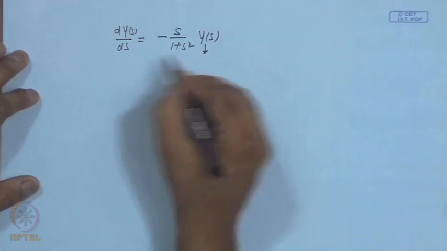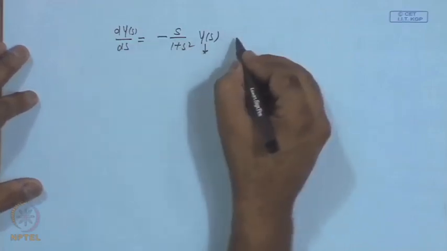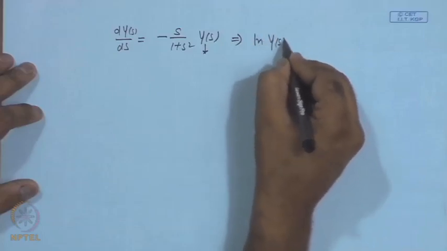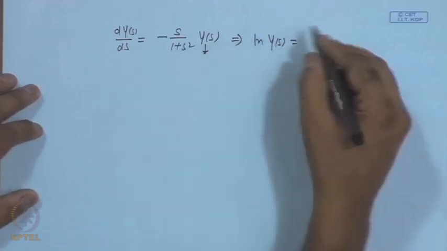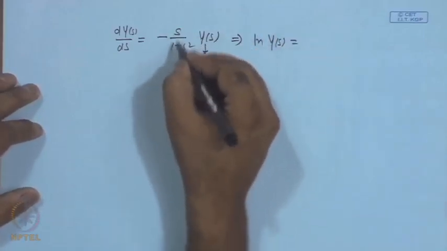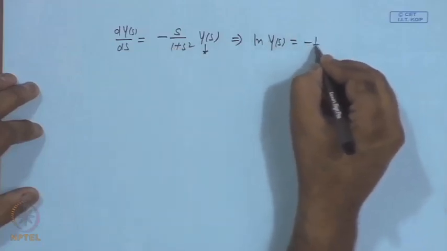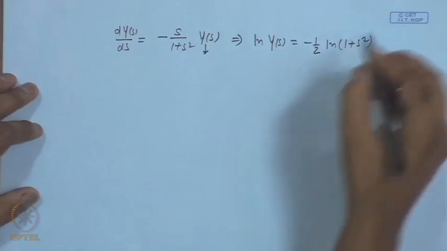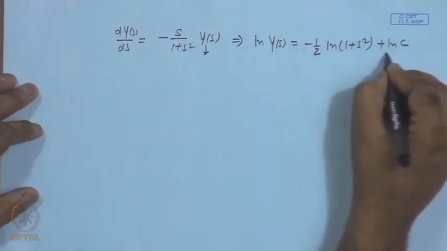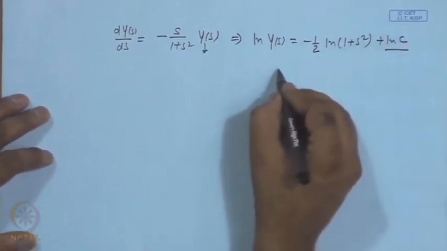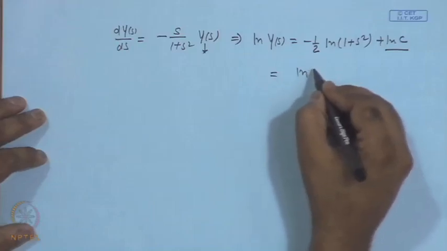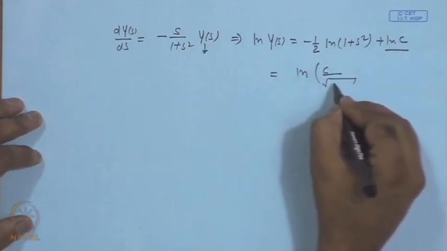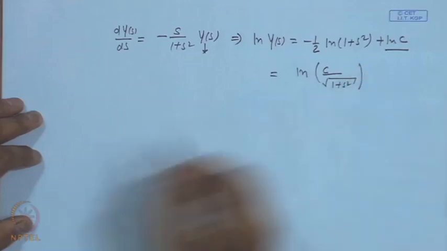We take Y to the left hand side in the denominator. If we integrate that, we get ln Y(s) is equal to, with minus half, ln of 1 plus s square and a constant ln c, in this form because we will get a rather simple form here: ln c divided by the square root of 1 plus s square.